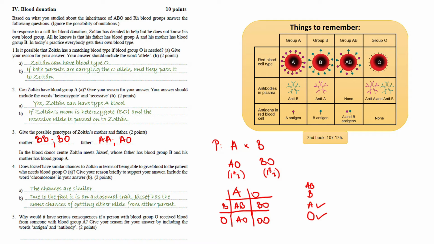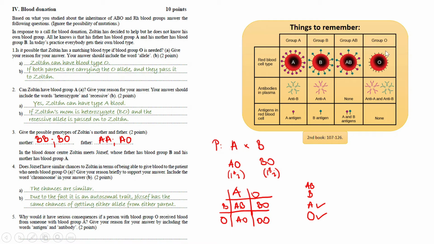Why would it have serious consequences if a person with blood group O received blood from someone with blood group A? Give your reason for your answer by including the words antigen and antibody. So in the exam you have to be able to answer this question by heart, but for now you have this little table. So we are interested in the second column and the last one.